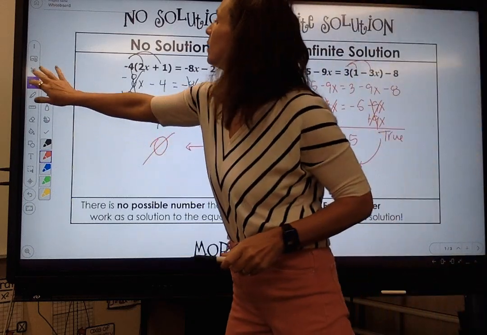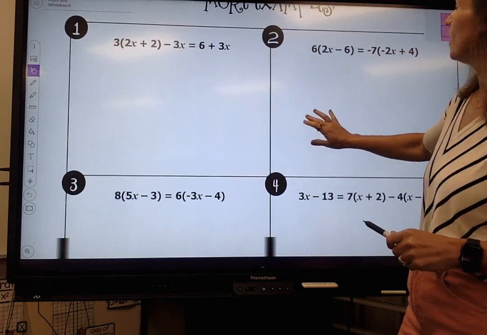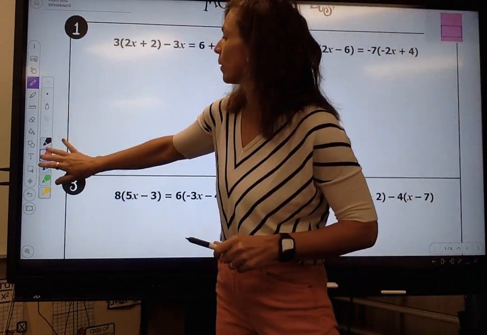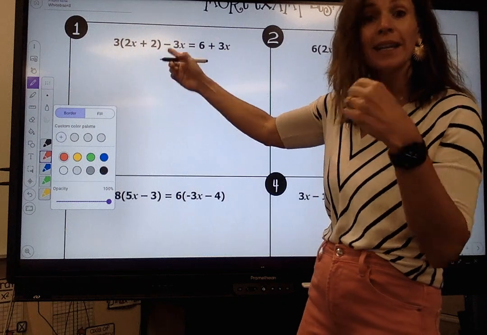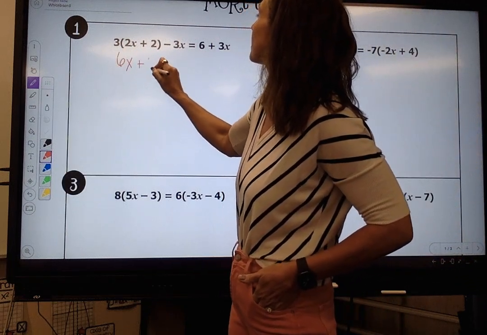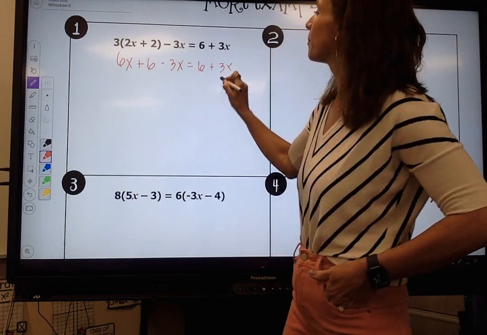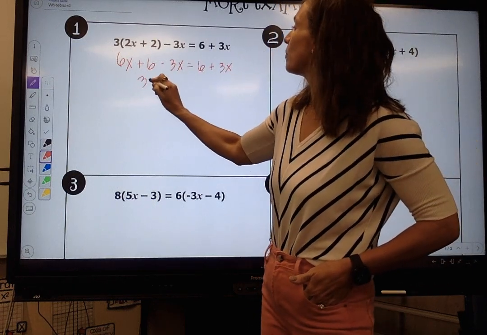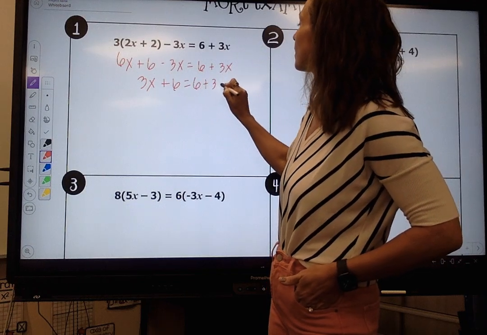Now, let's take a look at these 4 examples down here. And let's just run through these real quick. You know how to solve an equation. Distribute if needed. I definitely need to, so I get 6x plus 6 minus 3x equals 6 plus 3x. I combine my like terms, and I get 3x plus 6 equals 6 plus 3x.